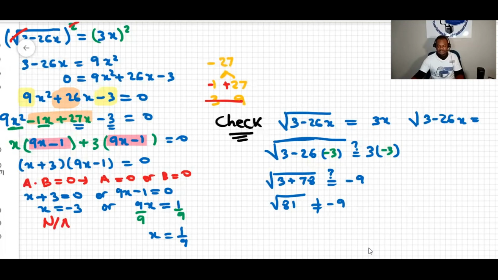We check if this is equal to 3x by substituting the values. So that makes the square root of 3 minus 26x equal to 3x.